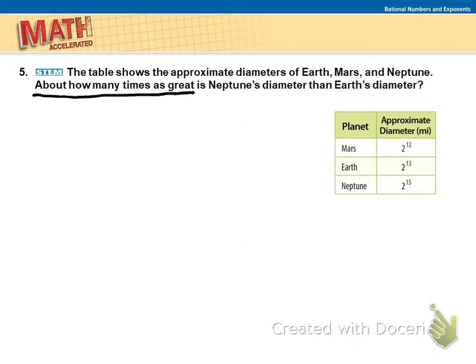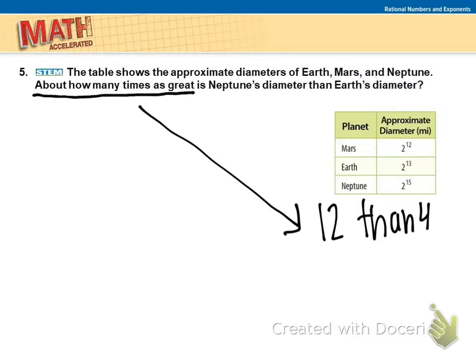All right, so if I asked you how many times as great is 12 than 4, how would you figure out how many times greater 12 is than 4? Somebody help me out. Okay, exactly.